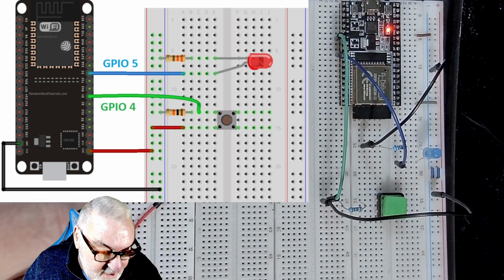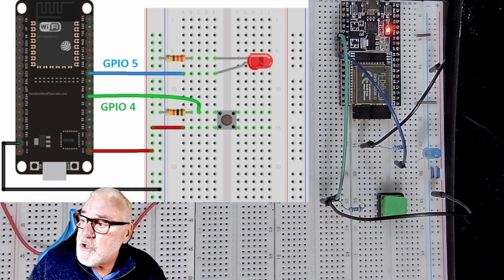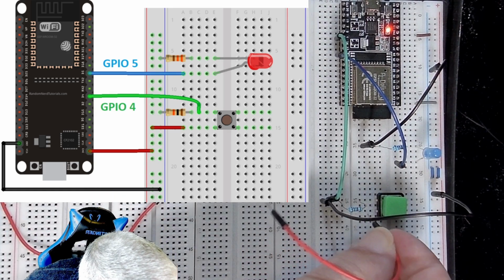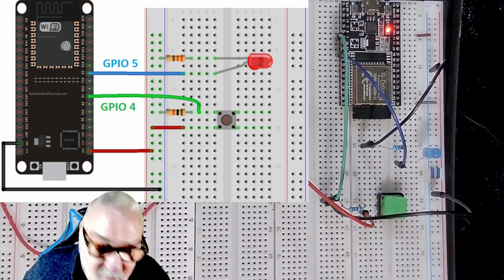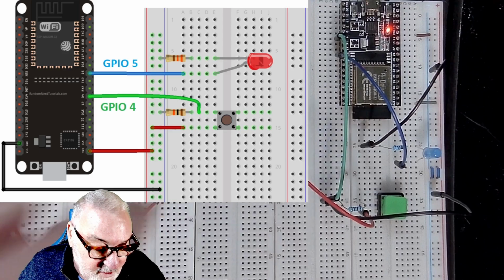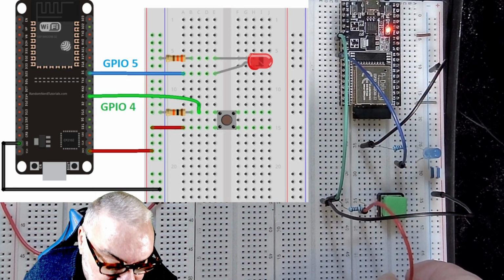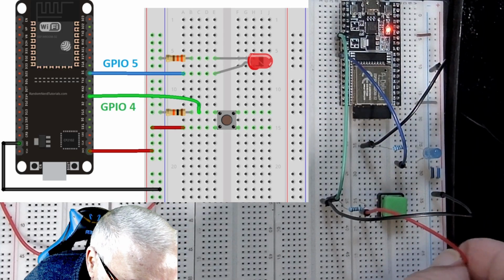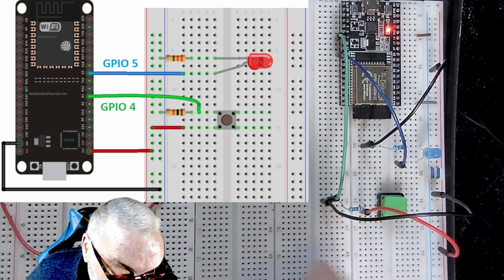And finally, I need a red cable. A red cable to go from the right claw on the press switch, and I need to go to 3.3 volts. So that's my 3.3 volt rail there.